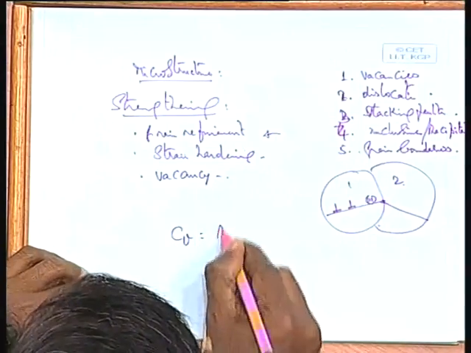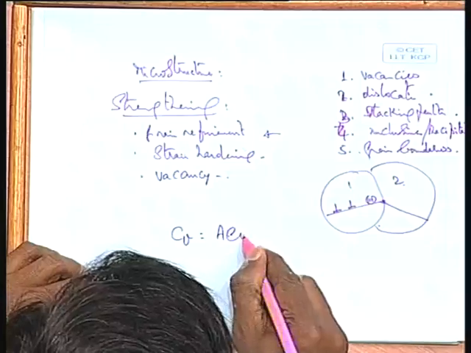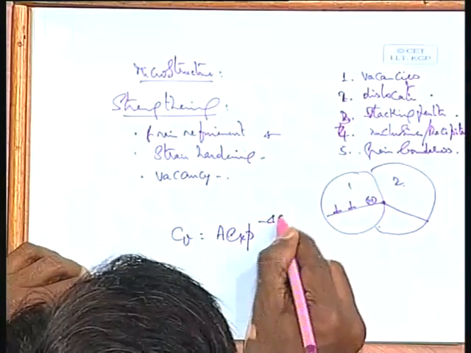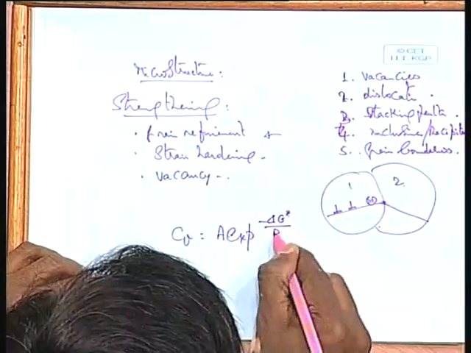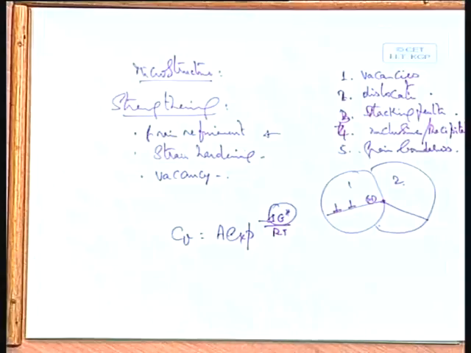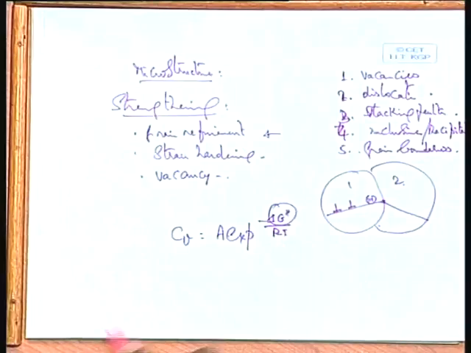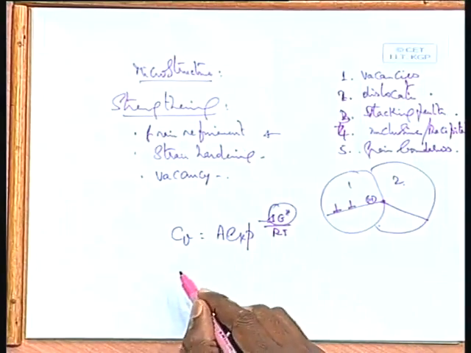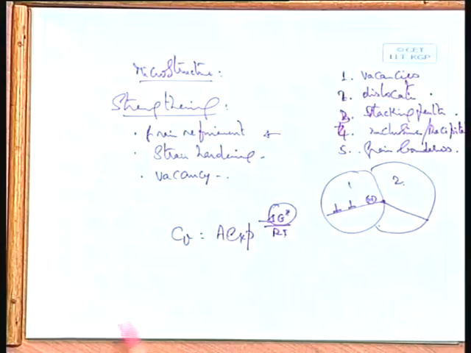In fact, the concentration of vacancies is nothing but exponential of minus delta G star by RT, where this is the energy required for the formation of a vacancy. So vacancy concentration is exponentially related to the temperature, and the higher the temperature, the higher the concentration of vacancies.